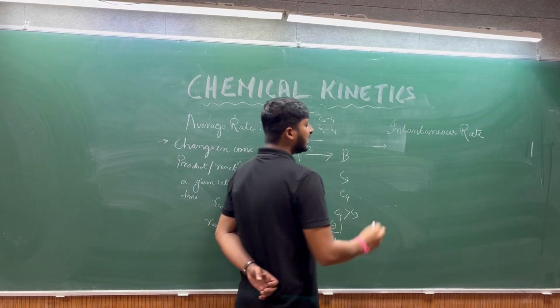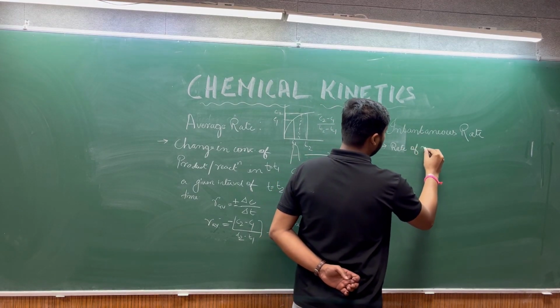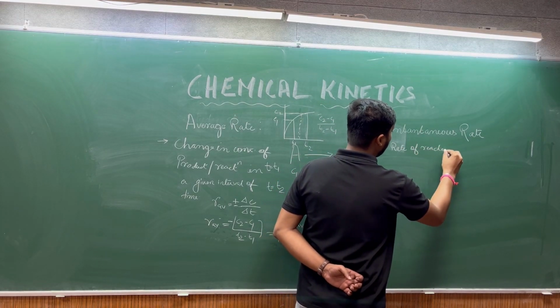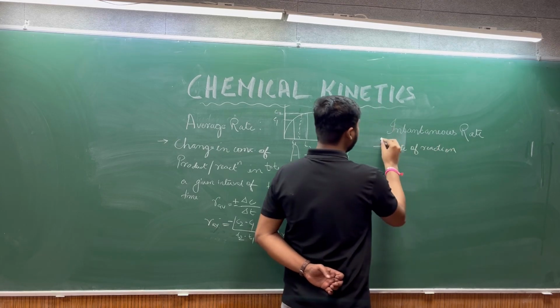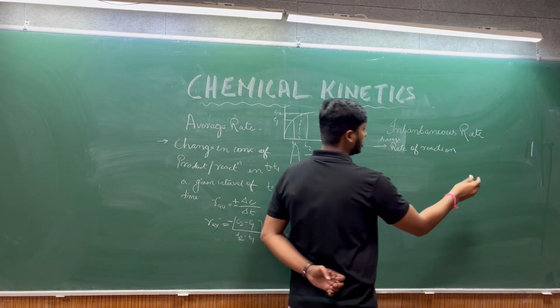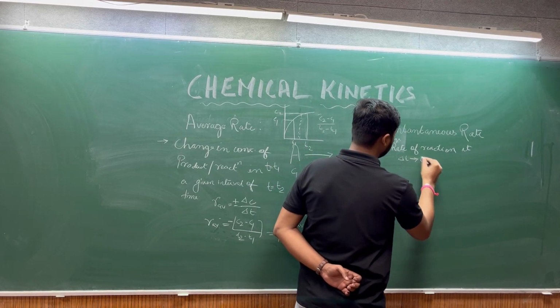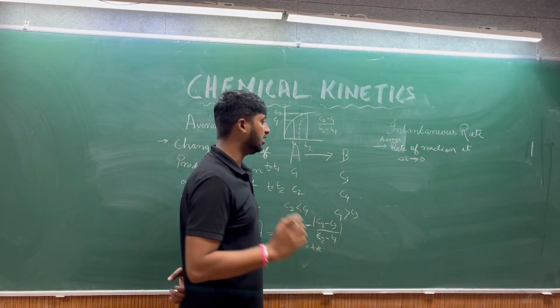So instantaneous rate is the rate of a reaction, or we can say the average rate of the reaction as delta T tends to 0. That means a very short time interval.